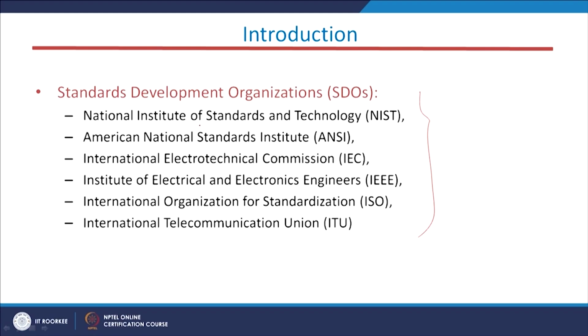The first one is National Institute of Standards and Technology, that is NIST, and the second one is American National Standards Institute, that is ANSI, and the third one is International Electrotechnical Commission, that is IEC, and the fourth one is Institute of Electrical and Electronics Engineers, that is IEEE, and next International Organization for Standardization, that is ISO, and the last one is International Telecommunication Union, ITU.